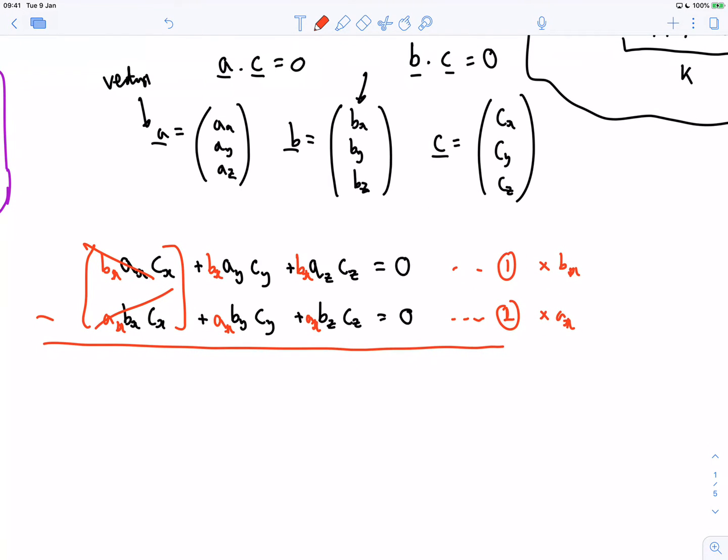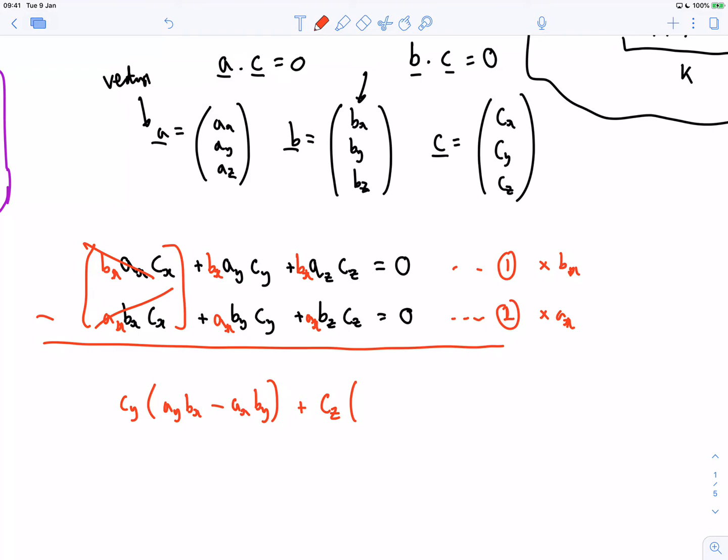Then what we're going to have is CY, lots of, AY BX minus AX BY, plus, how many CZs do I have?